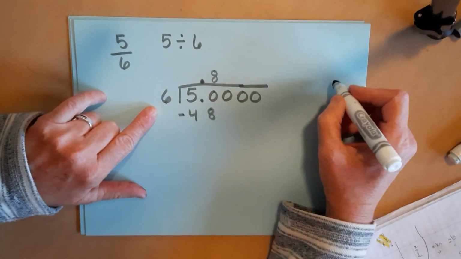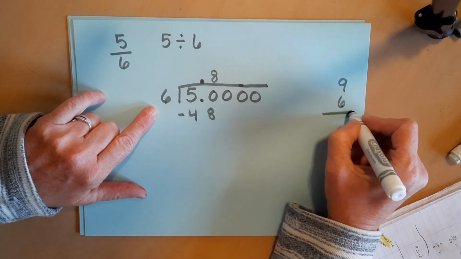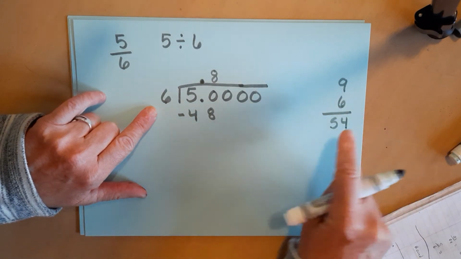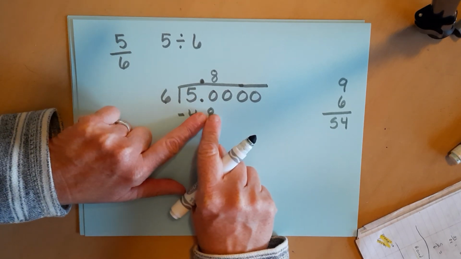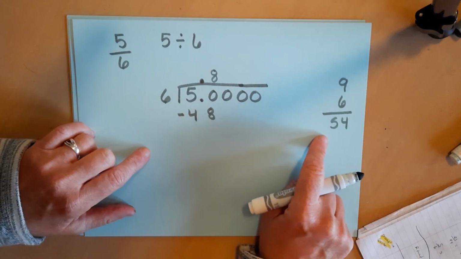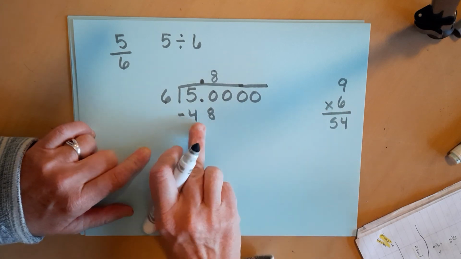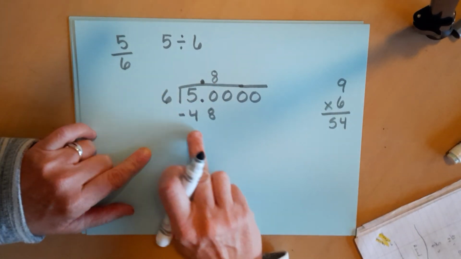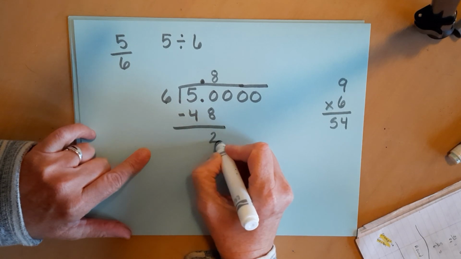Let's say that you guessed that it might be 9, and then you got 9 times 6 is 54. You could see that if you put 54 right here, it would be too big, too large, so you know that then you would have to go down a number. So it's okay to make the wrong guess at first. It's why I often do my guesses over on the side. But this was a good guess. So 8 times 6 is 48. 50 minus 48 is 2.